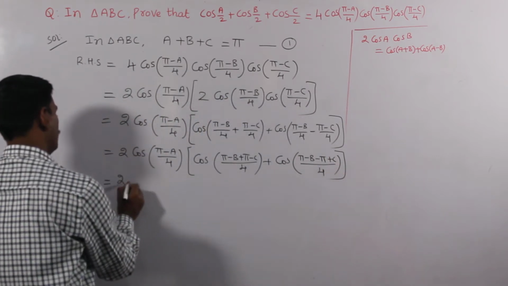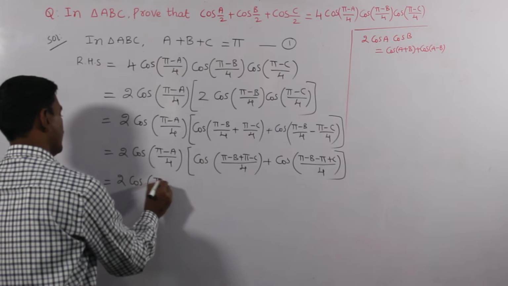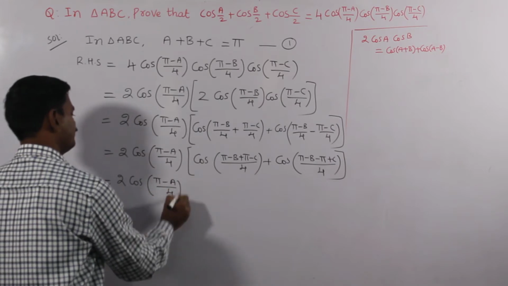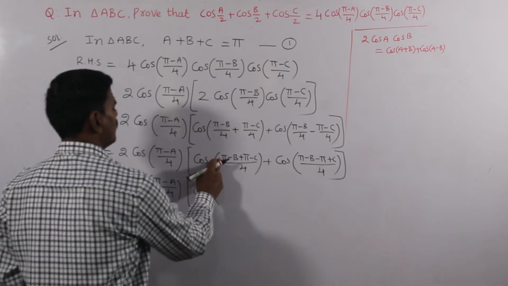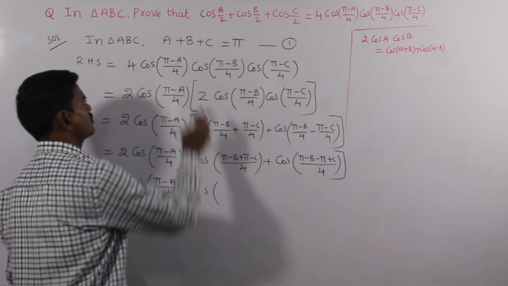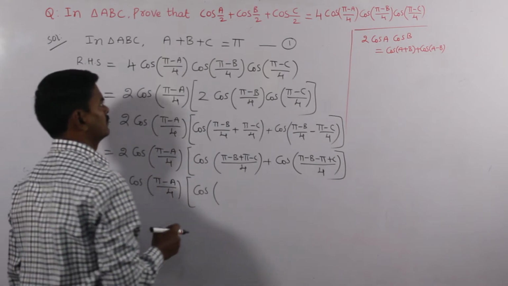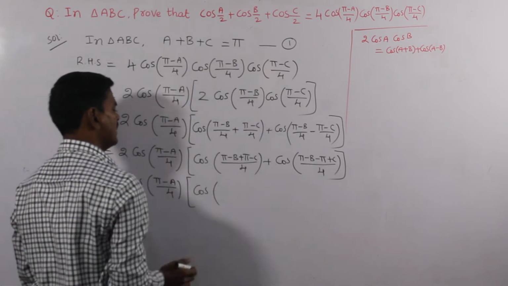Now 2 cos((π − A)/4) same, into cos of, where one of these two π terms must be replaced using equation number 1. From equation 1, π is A + B + C, no?